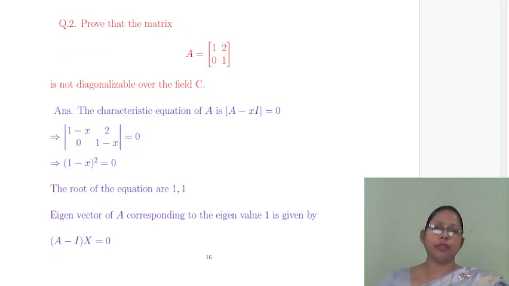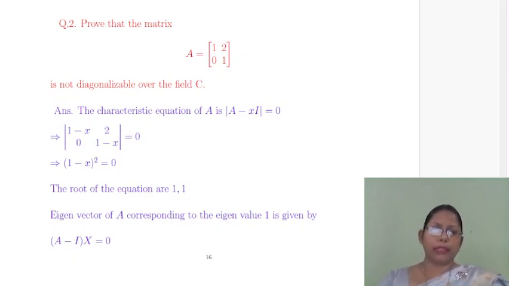Next, prove that the matrix A equal to [1, 2; 0, 1] is not diagonalizable over the field C. The characteristic equation of A is determinant of A minus xI equal to 0.